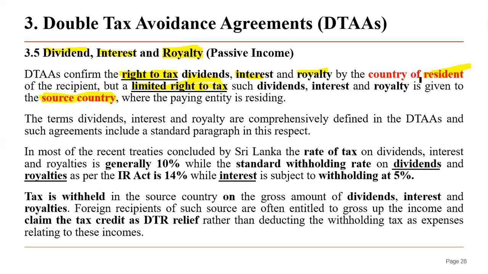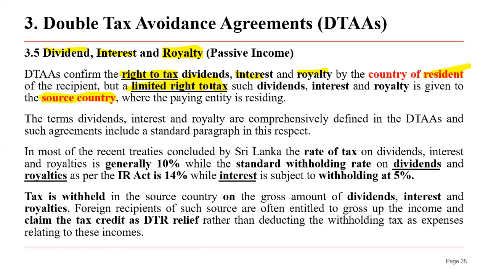But the resident country is the UK. Whatever income they are getting totally, they are liable to pay tax there, right? Then we have a limited right to tax in Sri Lanka as a withholding tax.